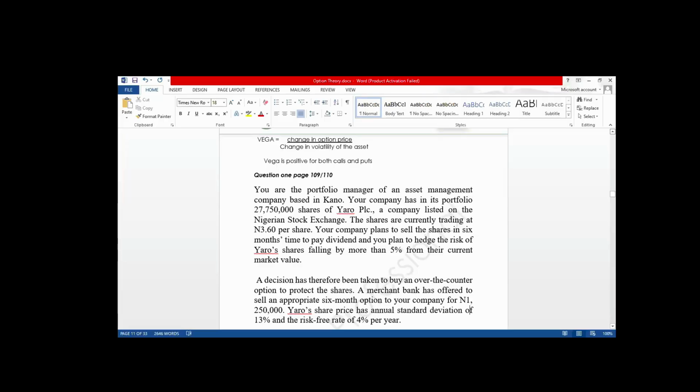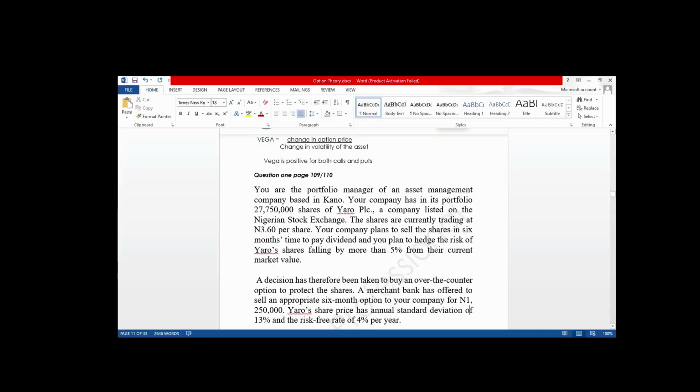You are going to obtain a right today to be able to sell your shares in 6 months' time at a price agreed today, that price is 5% less than the current price.